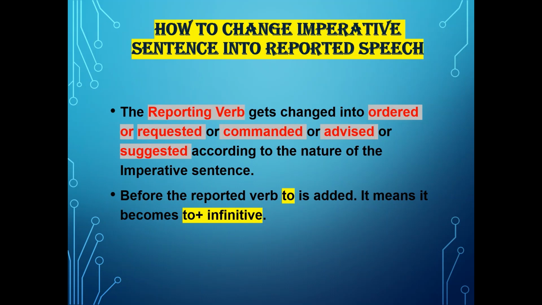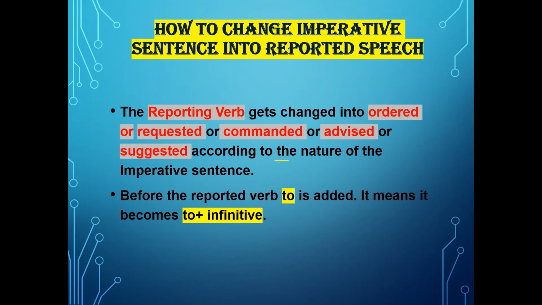How to change imperative sentence into reported speech. The reporting verb gets changed into ordered or requested or commanded or advised or suggested according to the nature of imperative sentence.